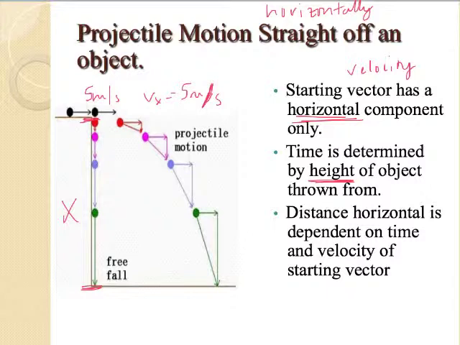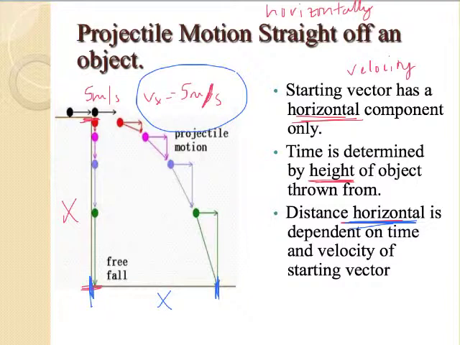Which means your distance horizontal, which would be here, so let's make this blue, is going to be dependent on that time that you'll have to calculate from the free fall portion and your starting velocity.